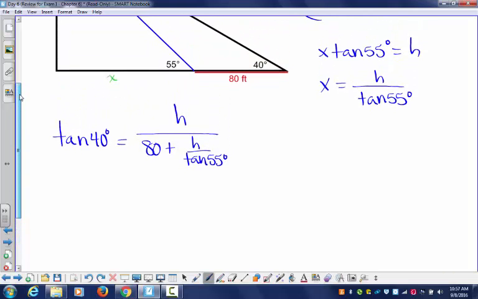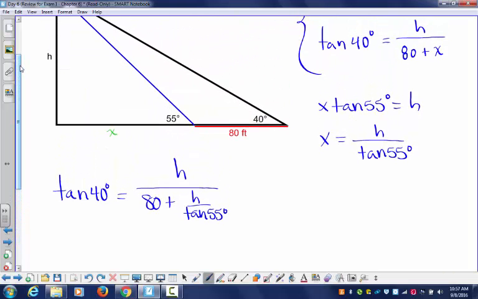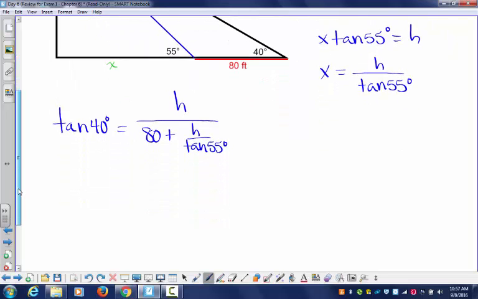One common thing that you may do before you even plug in that x is multiply 80 plus x to the other side so that you've eliminated one of the fractions right away. Totally fine. What I'm going to do right now is multiply everything on the right by tangent of 55. And that will be another way to clear out that tangent of 55 that's in a denominator.